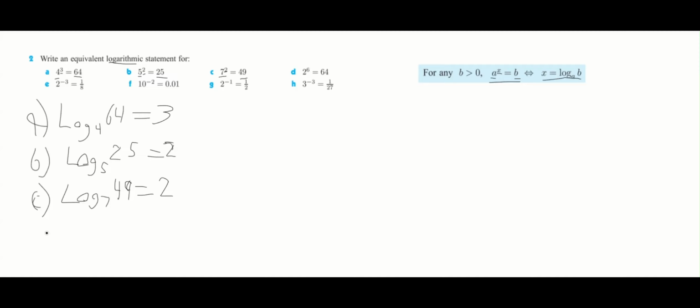And then we have D. So A is 2, X is 6, B is 64. And we will just write it exactly into that statement again. So log A is 2, B is 64, and then equals X is 6.